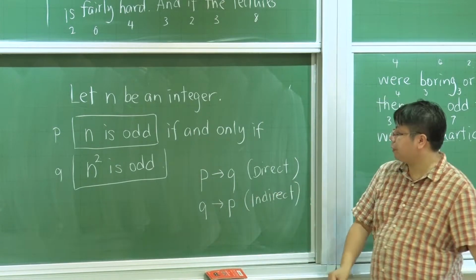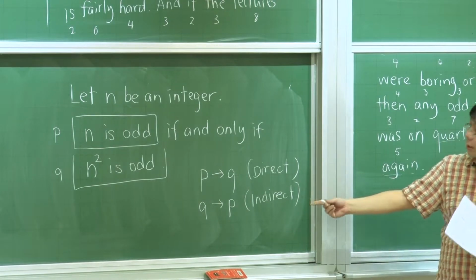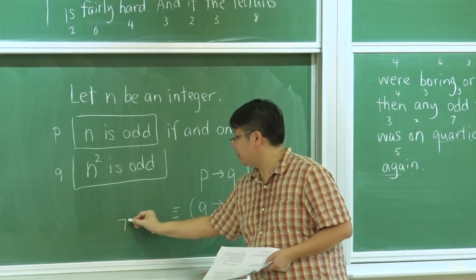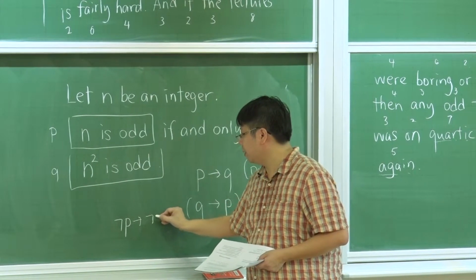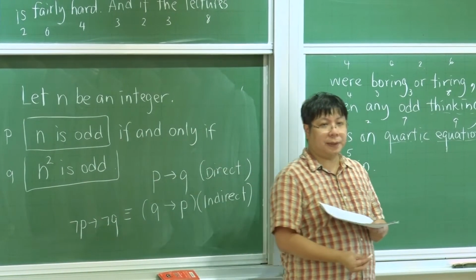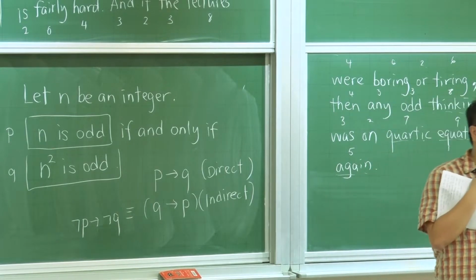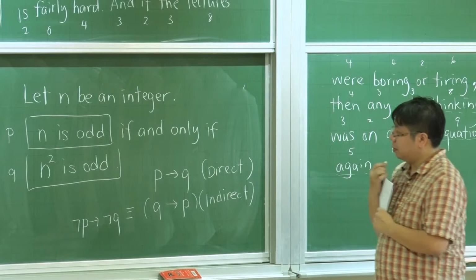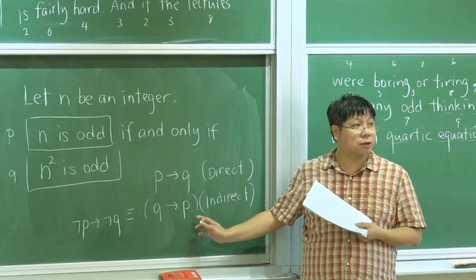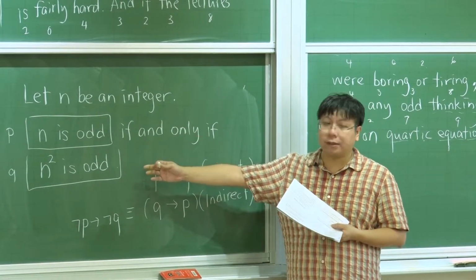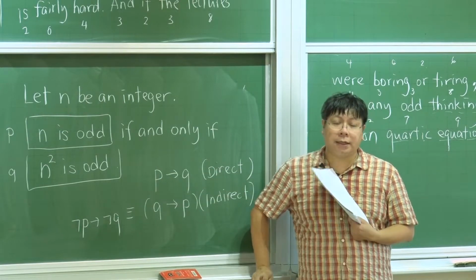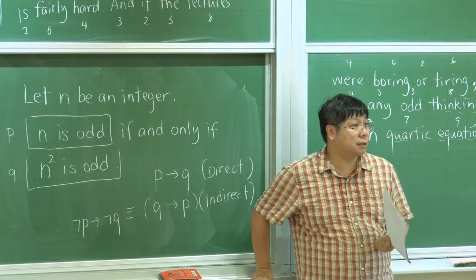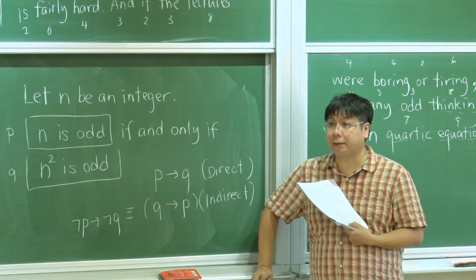This is equivalent to not P implies not Q. If we can show that if not P then not Q, we can show Q implies P is also true. Now, not P implies not Q means n is even implies n squared is even. This is very easy, and again you can use direct proof.